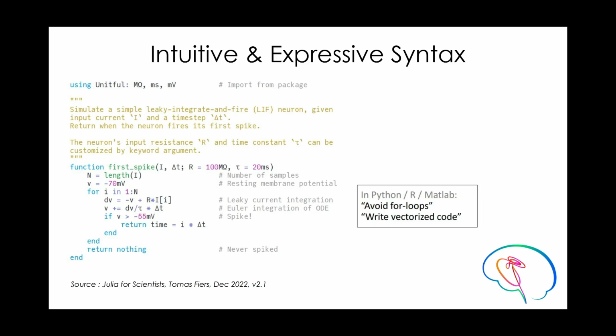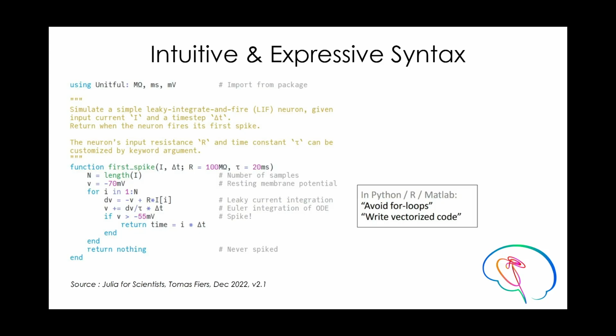Now, the second claim that I made is that Julia is intuitive and expressive. And here I'm just showing you an example that is very much relevant to ours. This is a function that finds a spike and keeps the time for that spike as it integrates a model. And we can see the expressiveness here because, as you can see on top, there is this using Unitful line, where Unitful is a package that comes with actual physical units, right?